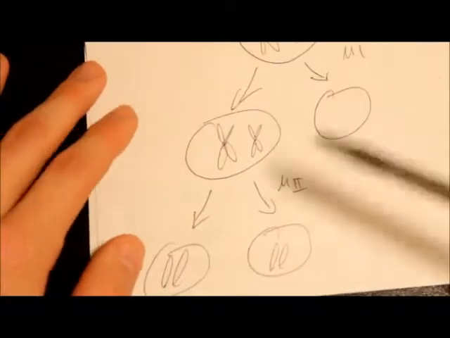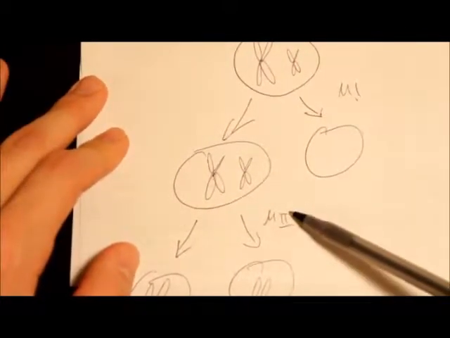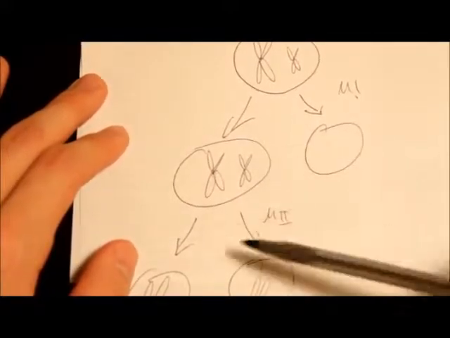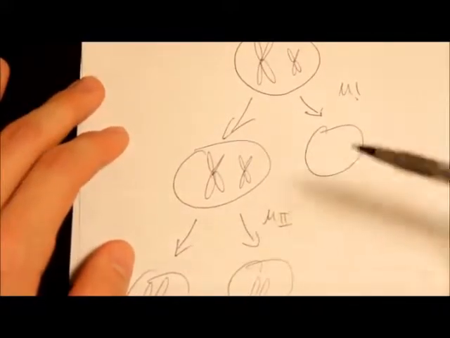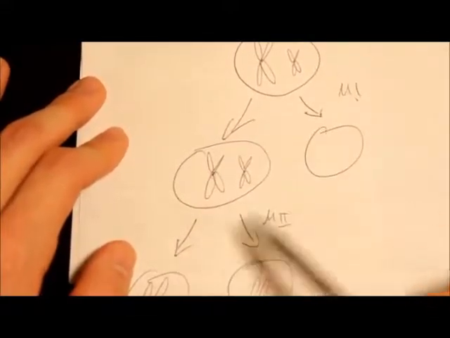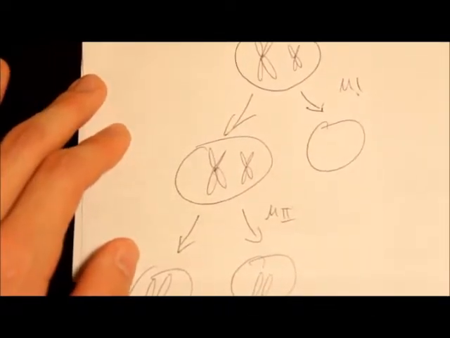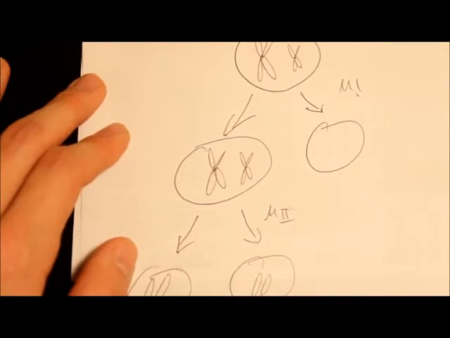That's also possible, but that's just saying that non-disjunction occurs in meiosis 1 and meiosis 2. And in the context of our question, it's only giving you the option of first or second, not first and second. In this scenario, it's first and second. Just a side note, just to be aware of that in case you came across that sort of conclusion.